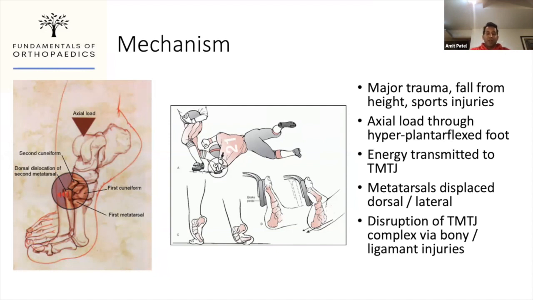You can also get it, obviously, with energy going the other way, as you can see in that middle image, the American football player landing on the foot. And you can also get it in high energy trauma, such as motor vehicle accidents, when somebody crashes headlong and you get energy going up to the dorsal aspect of the foot, disrupting the TMTJ's ligaments and bones.